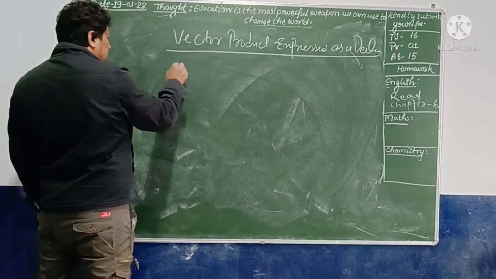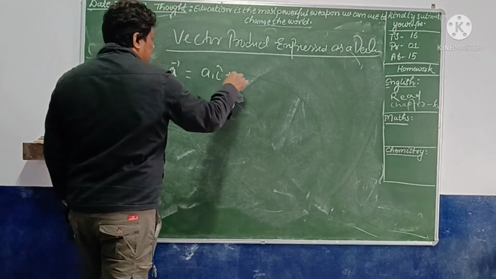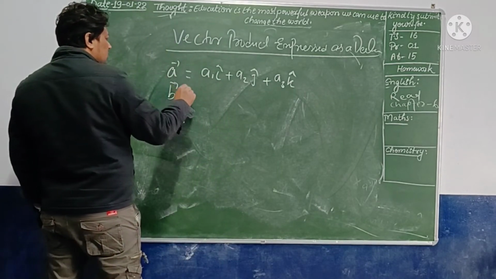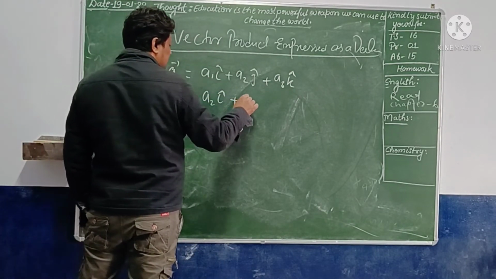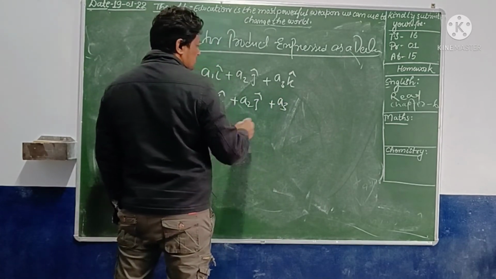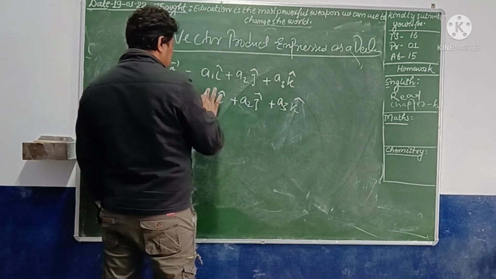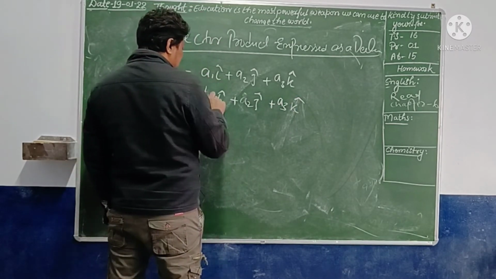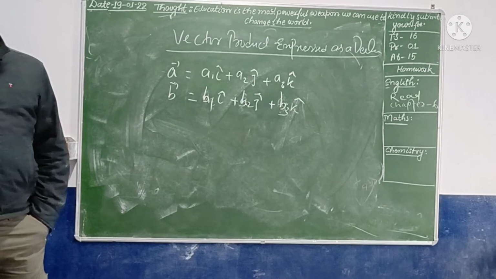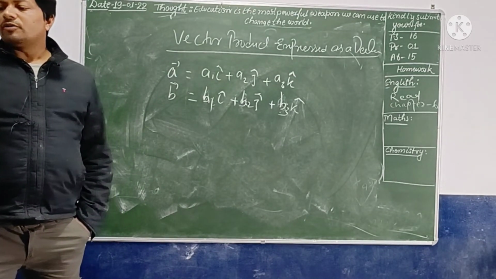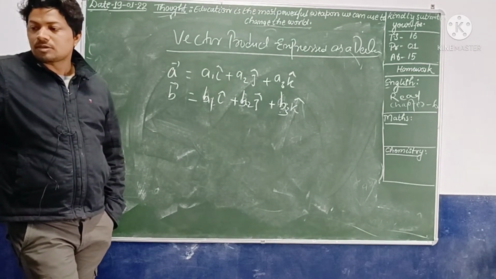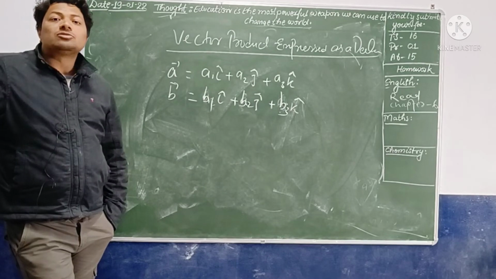You have a vector A equals A1 I cap plus A2 J cap plus A3 K cap, and vector B equals B1 I cap plus B2 J cap plus B3 K cap. Is it clear? Now if we talk about the cross product A cross B, we have to show that.